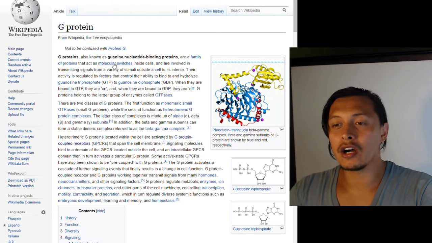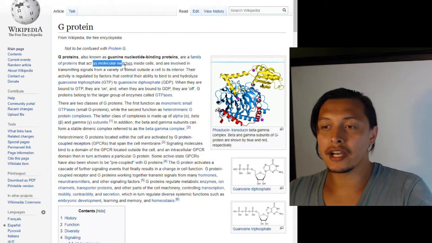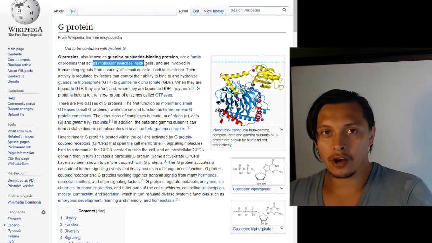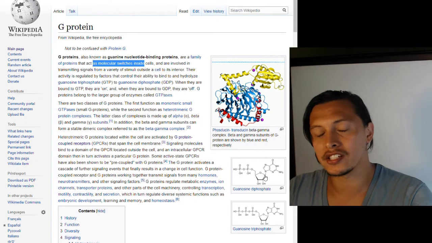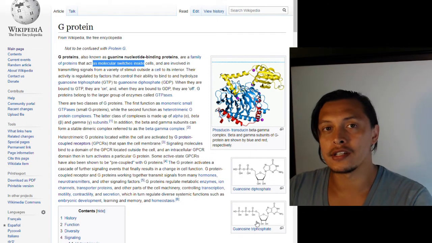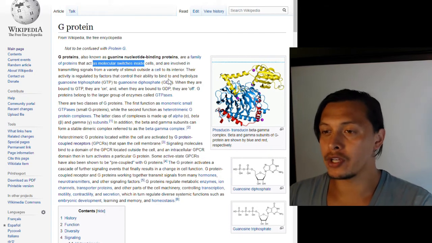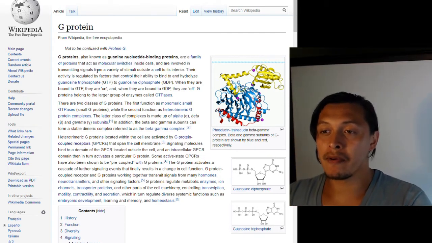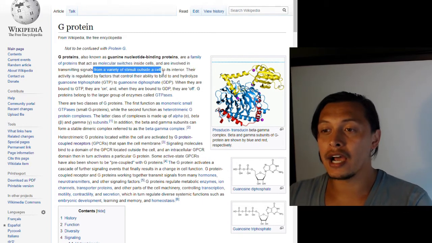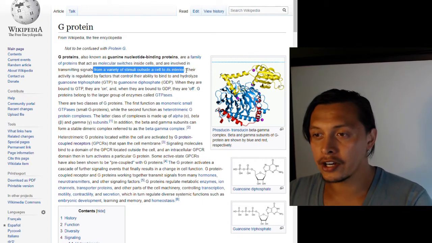They are a family of proteins that act as molecular switches inside of the cell. So how do they switch? They switch by going between either the guanosine diphosphate or the guanosine triphosphate. Keep that in mind. They are involved in transmitting signals from a variety of stimuli outside a cell into the interior of the cell.